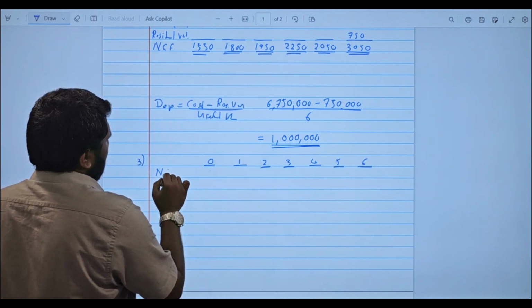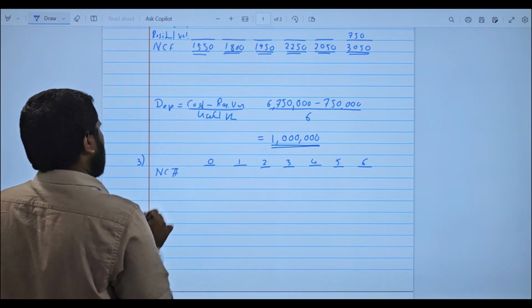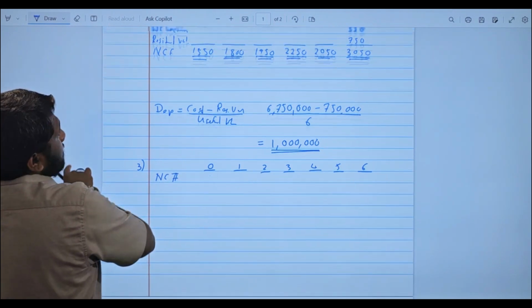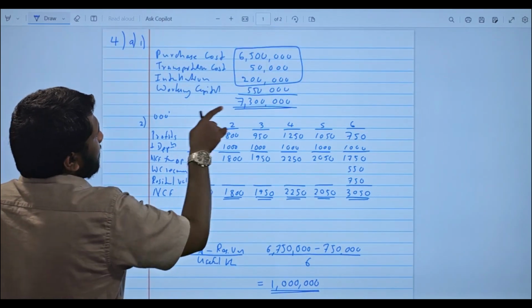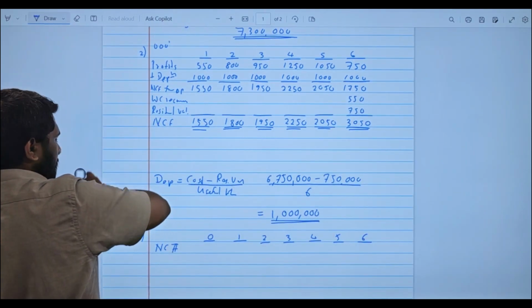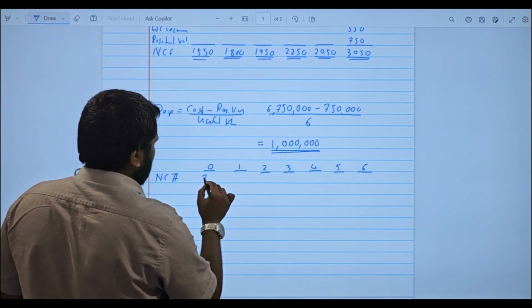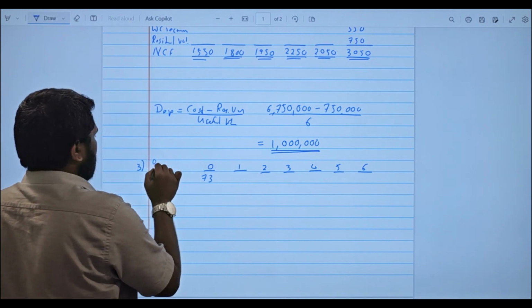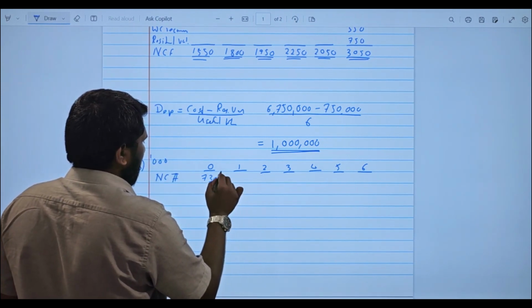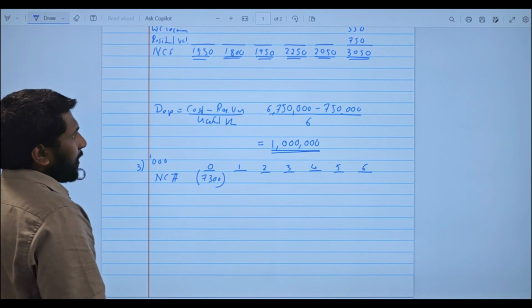Let me take the net cash flows. Year 0, how much is the net cash flow? It is 7.3 million, that means 7,300 negative. So it's a cash outflow.